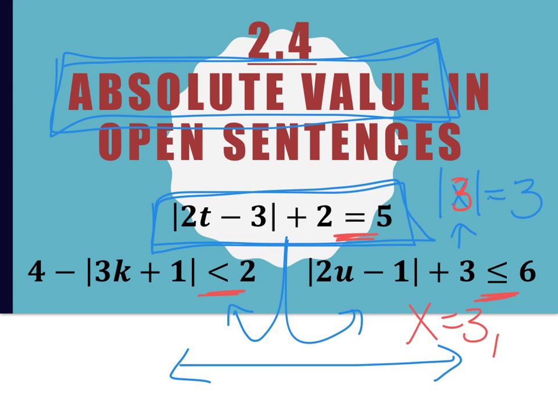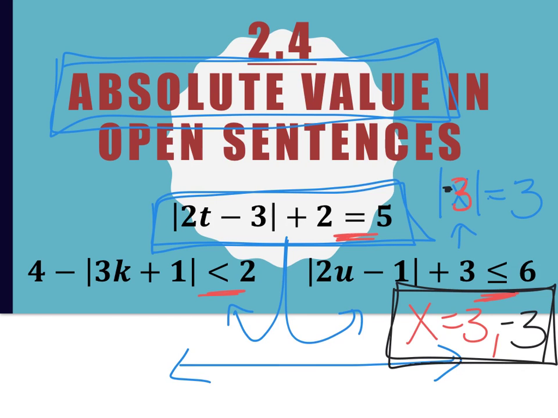But x could also be negative 3, because the absolute value of negative 3 is also 3. So the thing that makes absolute value equations and inequalities difficult is that there's always going to be two answers. And I remember this by thinking about the absolute value bars. There's two bars, so there's going to be two answers.